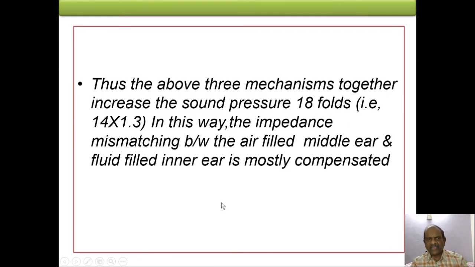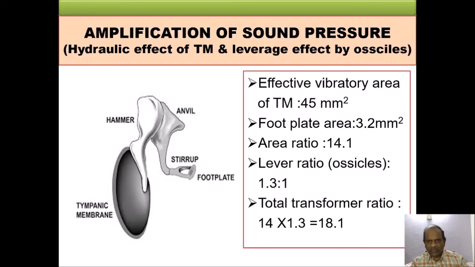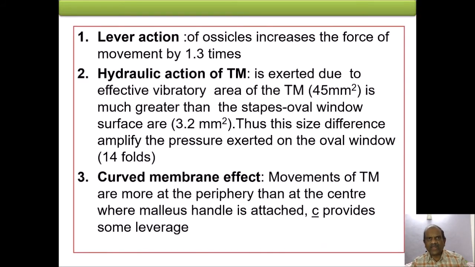What does it mean? The lever action of the ossicles increases the force of movement by 1.3 times. Hydraulic action of the tympanic membrane is exerted because the effective vibratory area of the tympanic membrane, about 45 square millimeter, is much greater than the stapes oval window surface, that is 3.2 square millimeter.